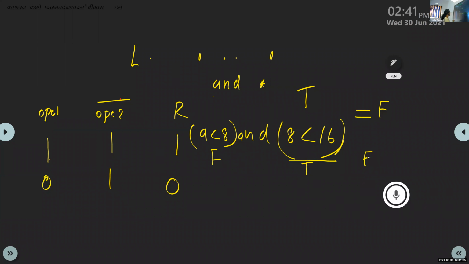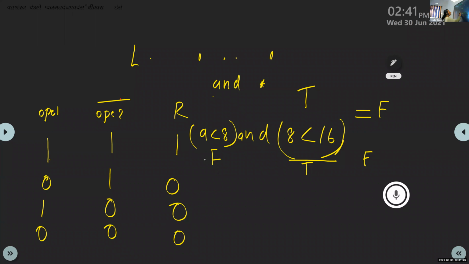Then just the opposite: if operand 1 is true and operand 2 is false, again the result is 0, because 1 into 0 is 0. Anjana, is it clear? Yes, ma'am. Then what will happen if both are 0? False. Correct, because 0 into 0 is 0.